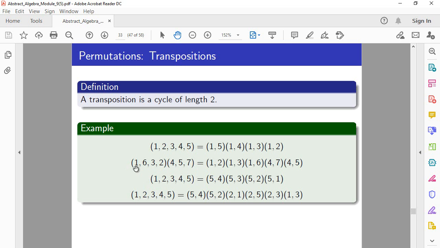So the first one can be written as 1, 2, 1, 3, and 1, 6. This one can be written as 4, 7, and 4, 5. So again, we get a product of transpositions here. 1, 2, 3, 4, 5, we can also write this a little bit differently.